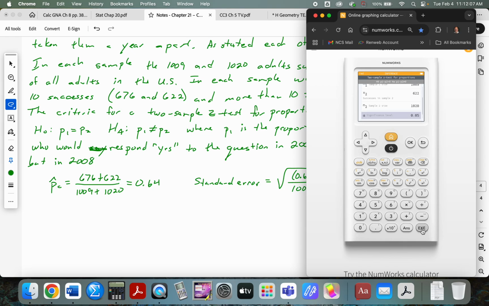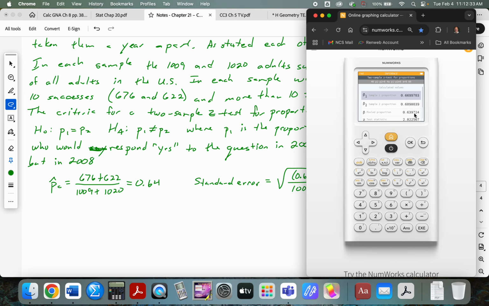So why do we need to find a standard error? What is that going to tell us? I'll show you in just a second. So this is what the proportion was in the first instance. So it's almost 67%. In P2, it's down to almost 61%.